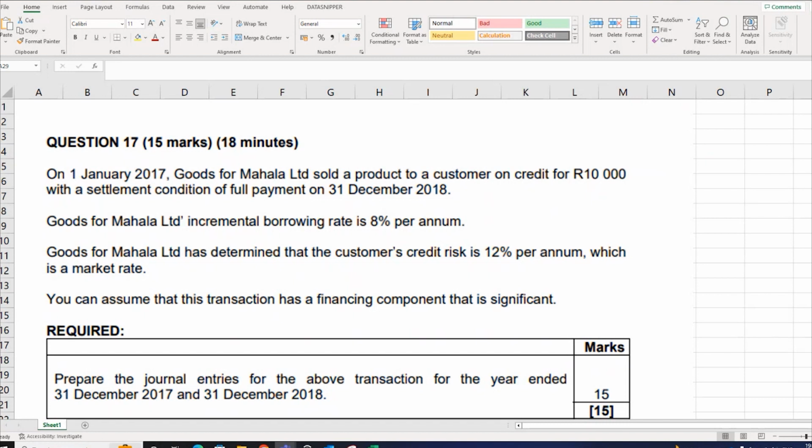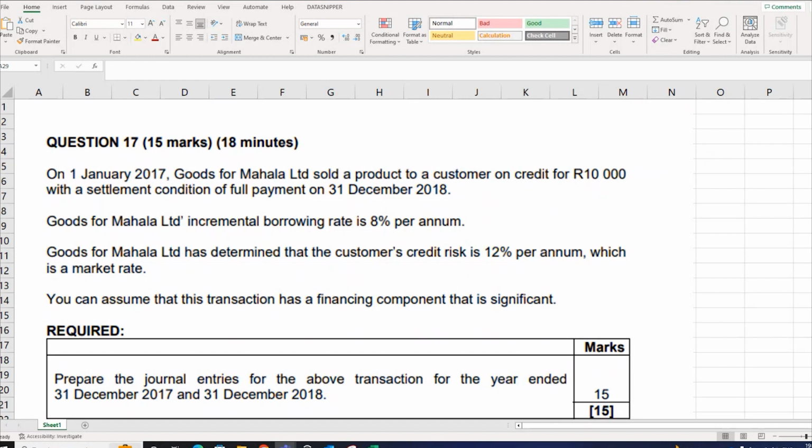And then step 3 would be to determine the transaction price. And this is largely where the focus is in terms of this question, in step 3, which is determining the transaction price.